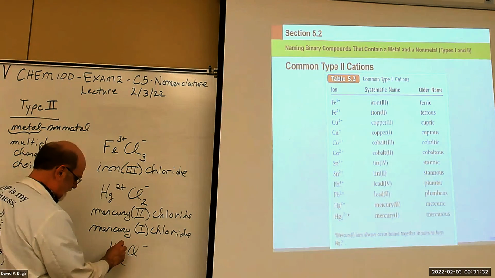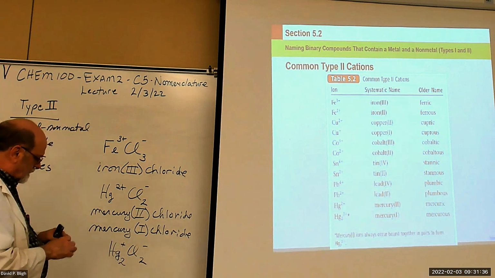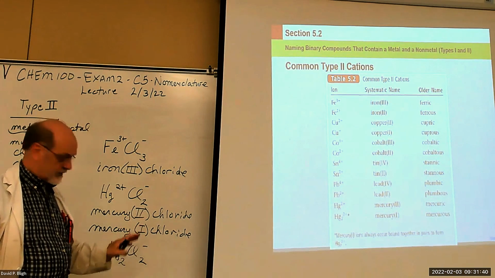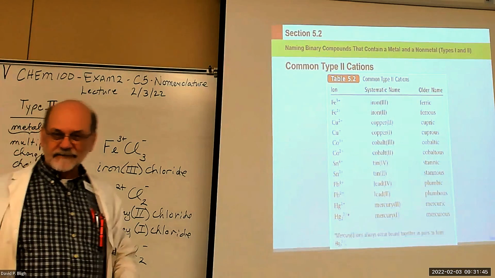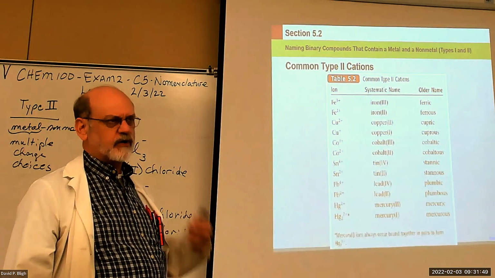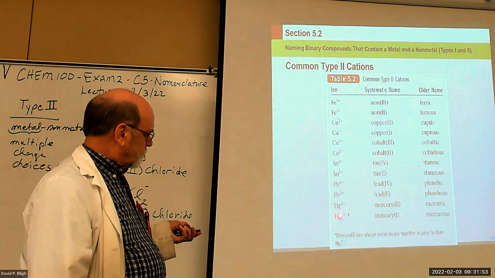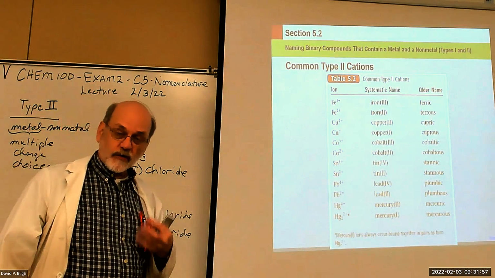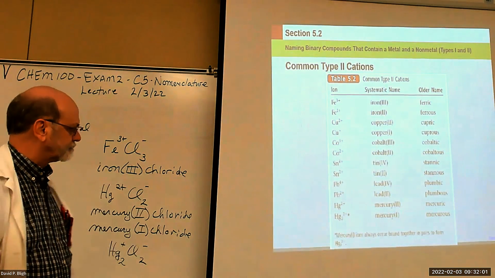And now you would need 2 of those, because 2 pluses, 2 minuses balance. So this would be mercury(I) chloride, right? Fortunately, there are not that many like this. In fact, mercury is the only one I know that does that. So if mercury is a 1+, it's bound in a pair of mercury atoms.